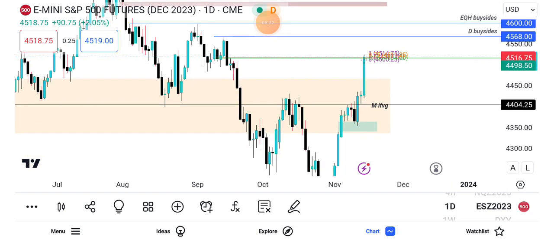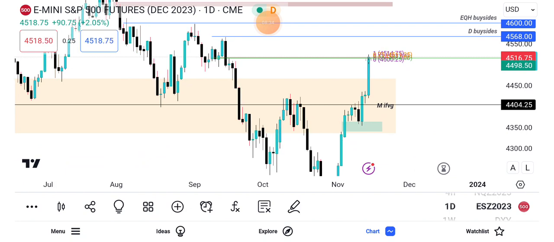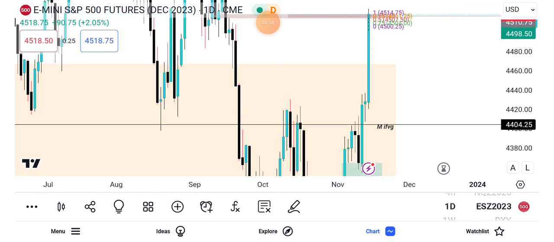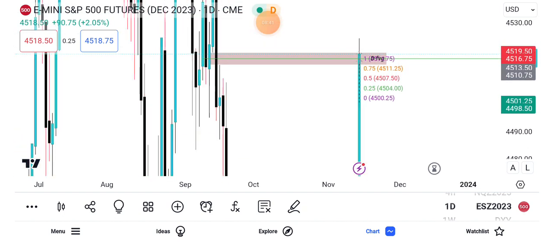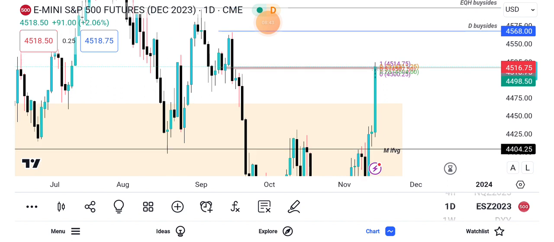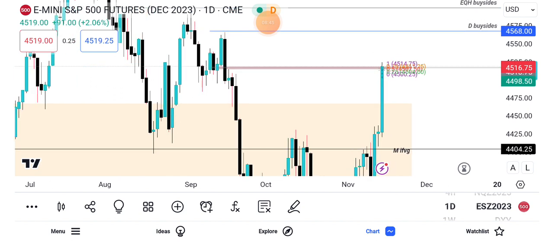And for tomorrow's price we'll monitor how that candle closes. You can see it has not yet closed, but that's what we'll be monitoring.